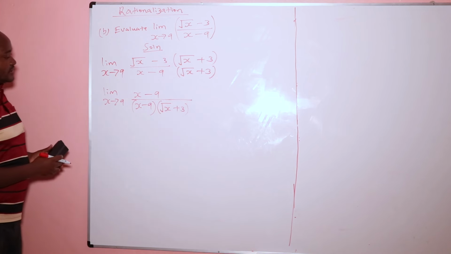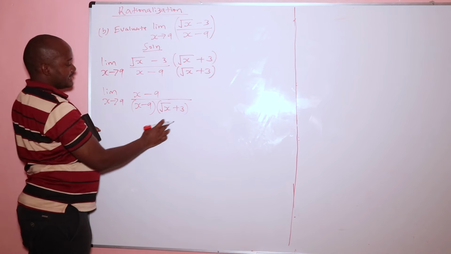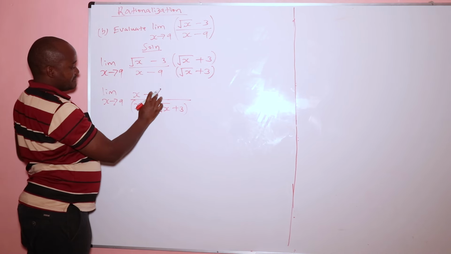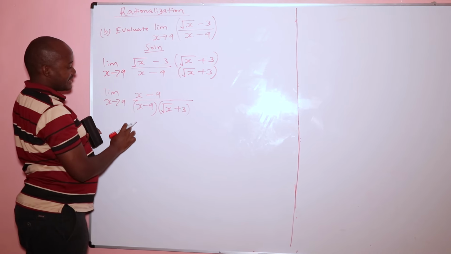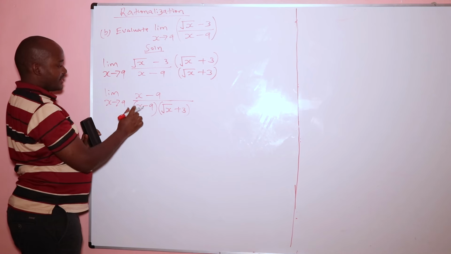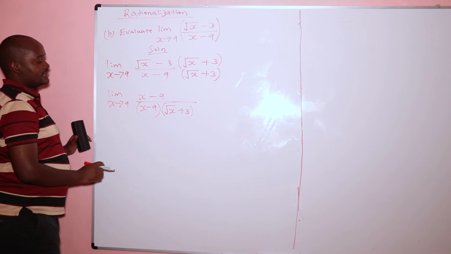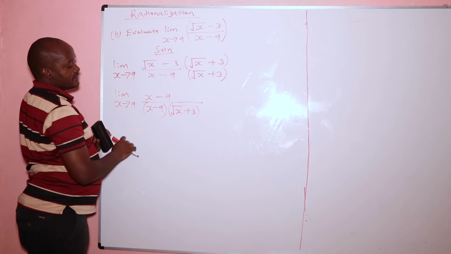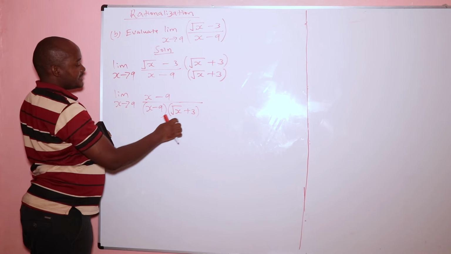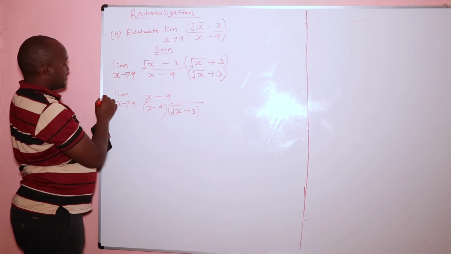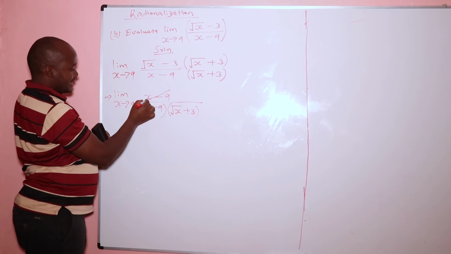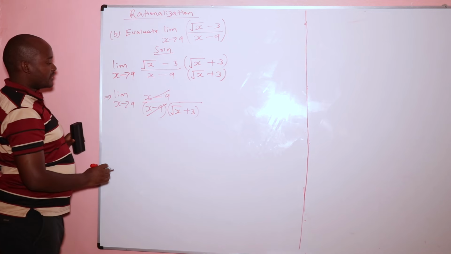The reason I did not expand this is that I realize that x minus 9 will be a common factor between the numerator and the denominator. So there is no need of multiplying this times this. So once you reach that particular step, you can cancel this because you notice that it is common.